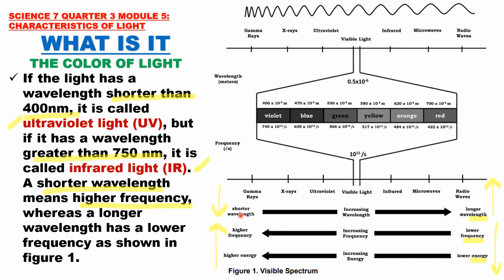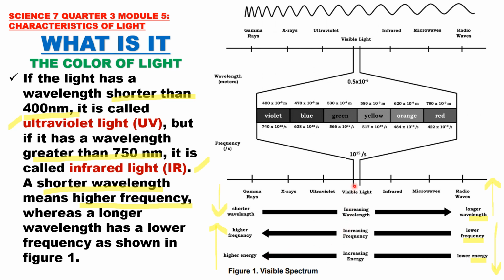Tapos, si gamma rays naman ang merong shortest wavelength, dahil pinakamaigsi yung wavelength niya, yung kanyang frequency at energy naman ay mataas. Okay? So, from gamma rays going to radio waves, the wavelength is increasing. From radio waves going to gamma rays, the frequency is increasing. From radio waves going to gamma rays, the energy is increasing.